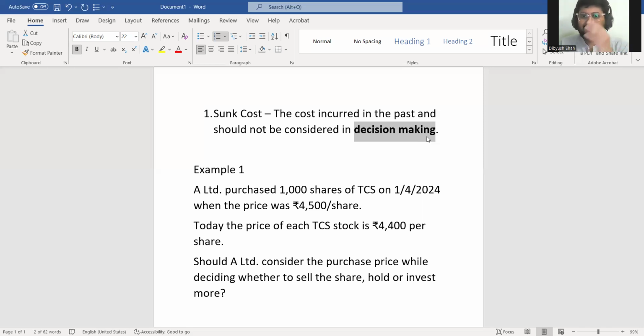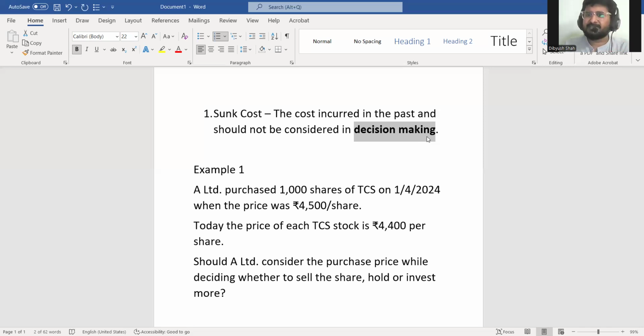Can you change your past unless you have that Harry Potter thing that Hermione had? I'm a Harry Potter fan, actually. You cannot change it. So when you cannot change your past, let it go. When you are making a decision today, make it based on future considerations, not on the basis of past cost.